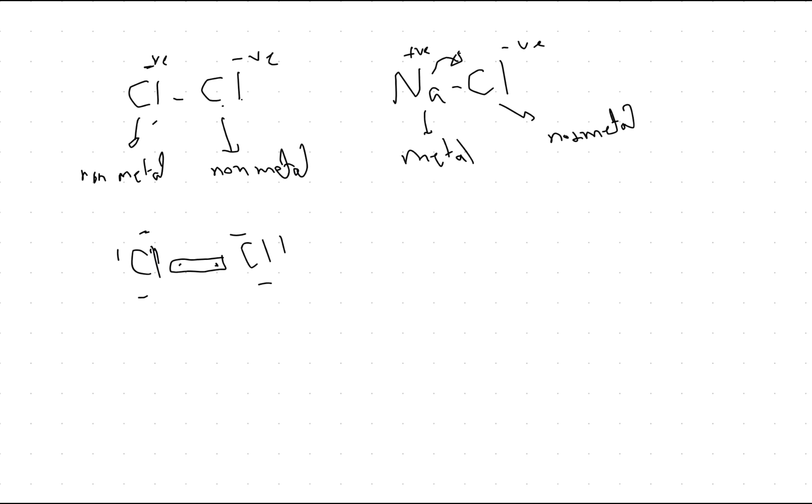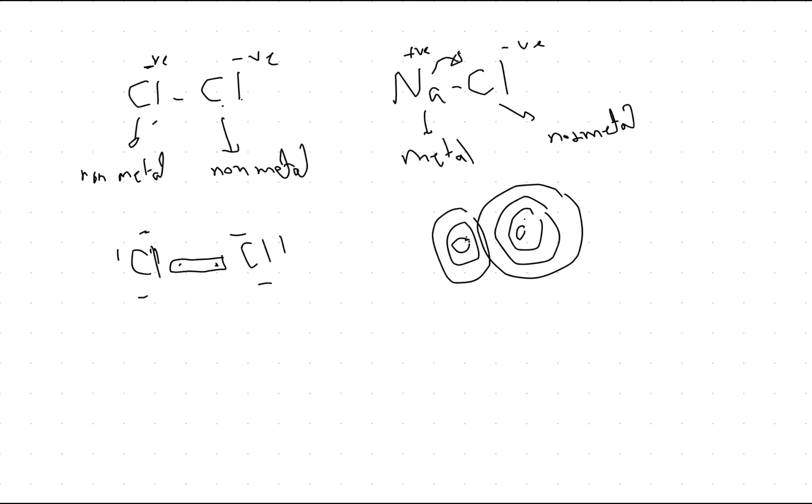If we are going to draw it, we will draw it this way. This is the sodium, if you remember. And the chlorine will be smaller than it. So this is less than this. This is the positive one, the sodium, and this is the negative, which is the chlorine. So there is a difference in the strength.